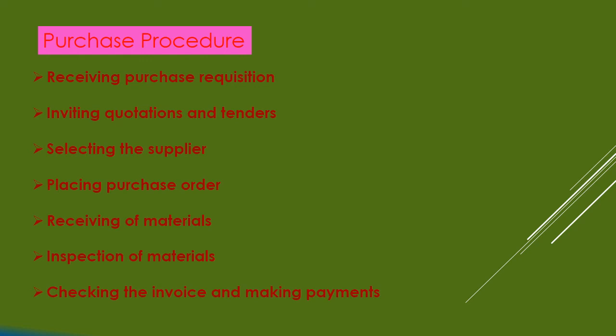The supplier is selected by issuing tenders inviting price quotations from the suppliers. A tender is a written letter or an advertisement given in the newspaper inviting the prospective suppliers to quote their lowest price and other terms and conditions.